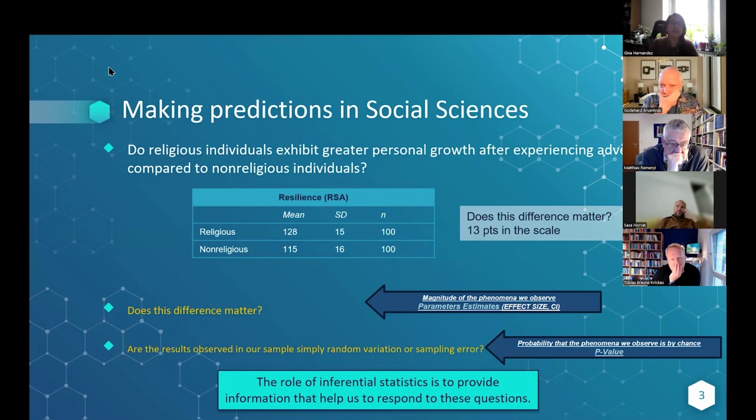And then I can measure a group of religious individuals and a group of non-religious individuals, and apply a scale. For example, if I want to test how resilient they are, I can use the RSA. And when I have my data, I can calculate the mean, as we already saw. Remember, the mean is just the average of the scores, right?